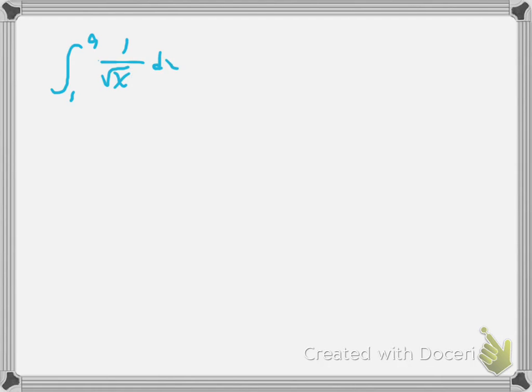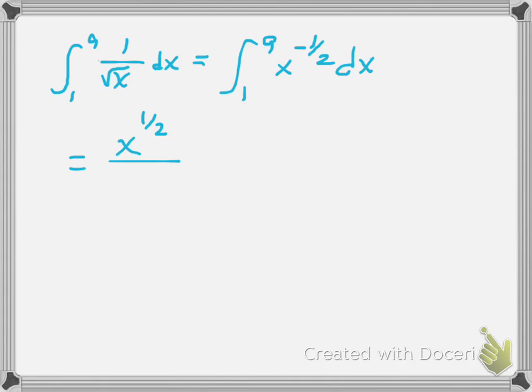Obviously if we know we're about to integrate this, we want to make it a little more user-friendly. So we're going to integrate from 1 to 9 x to the negative 1/2. And that leads us to x to the positive 1/2, add 1, divide by the new power. Clean it up a little bit. Let's call it 2 radical x.